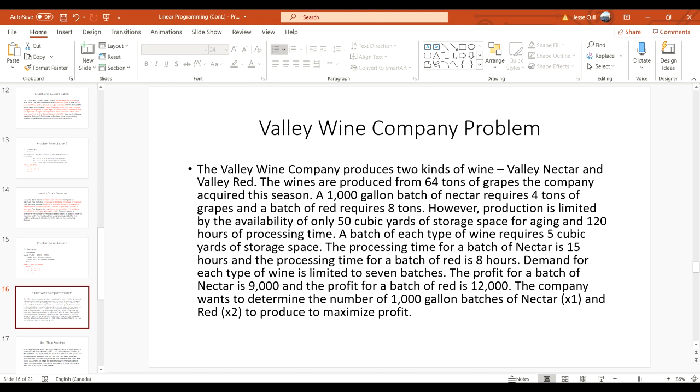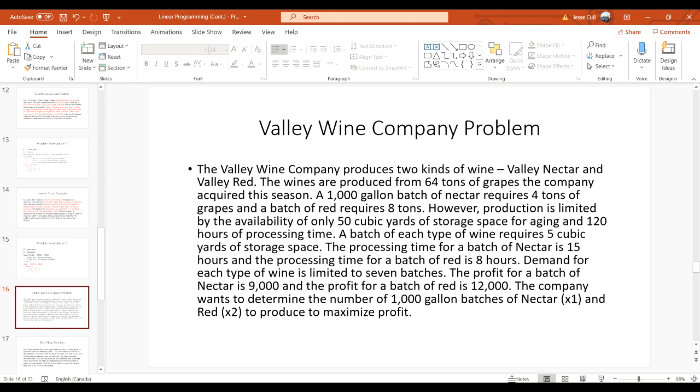The Valley Wine Company produces 2 kinds of wine, Valley Nectar and Valley Red. The wines are produced from 64 tons of grapes the company acquired this season. A 1,000-gallon batch of nectar requires 4 tons of grapes, and a batch of red requires 8 tons. However, production is limited by the availability of only 50 cubic yards of storage space for aging and 120 hours of processing time.